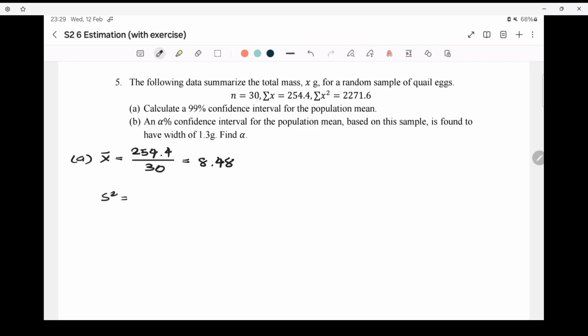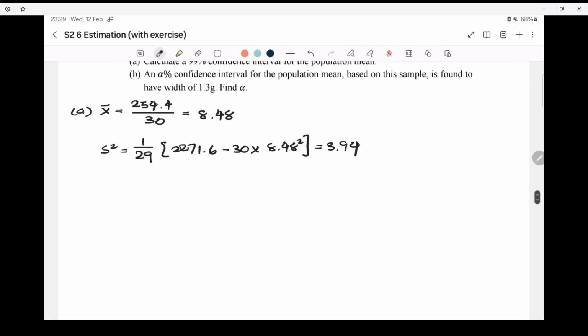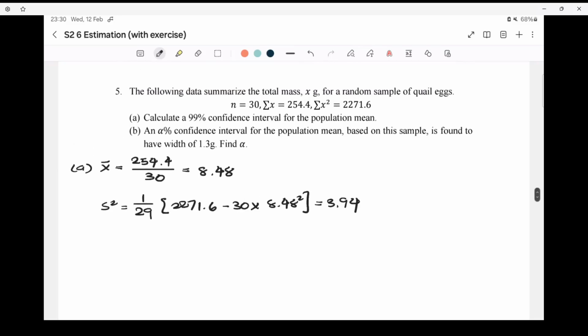Then you use the unbiased estimate of population variance. So just use the formula. That will be 1 over 29 multiplied by 2271.6 minus 30 times 8.48 squared. So this gives you 3.94. So now you know your mean and variance. What you can do now is to find the value of C.